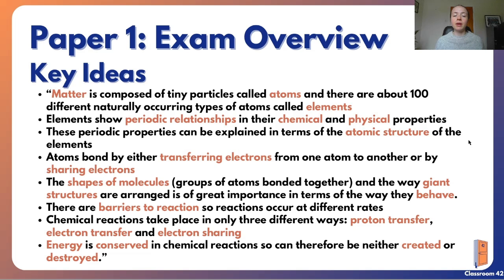Chemical reactions take place in only three different ways. So proton transfer, electron transfer, and electron sharing, which of course we learn the principles of again in C2, but run throughout the course. And finally, energy is conserved in chemical reactions. So therefore, it cannot be created or destroyed. And this is a founding principle in quantitative chemistry, which we have covered in C3.